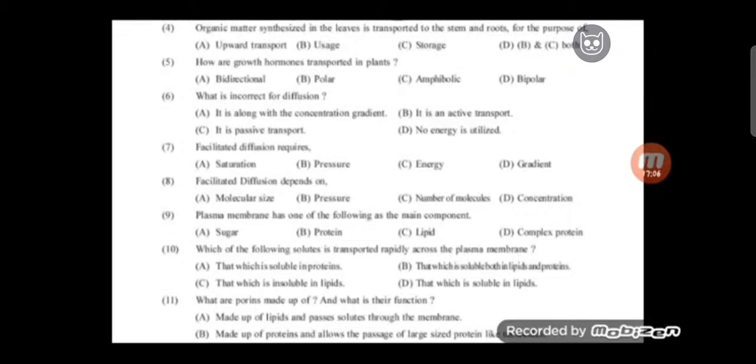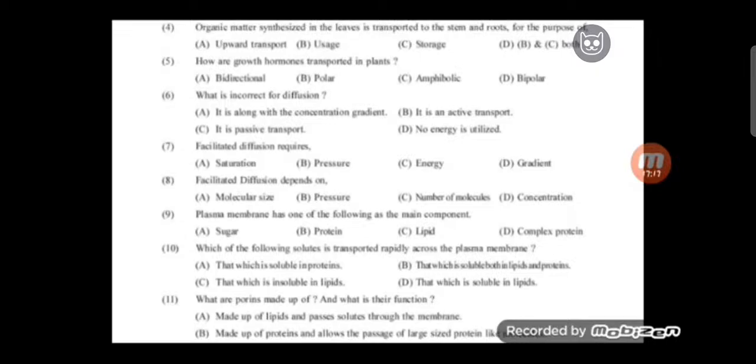So the correct answer for question number 7 is gradient. Facilitated diffusion requires a gradient. Therefore option D is the correct answer for question number 7.